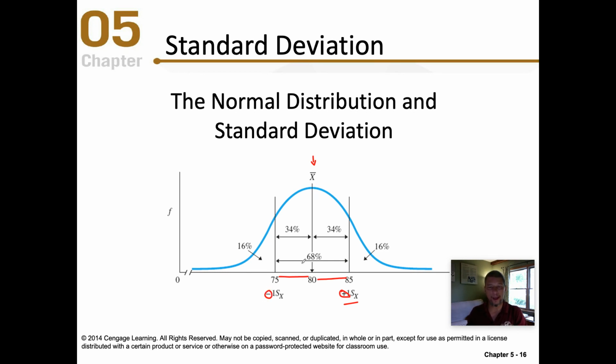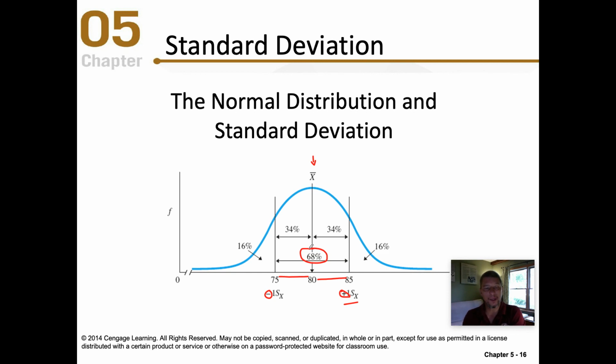This is approximately 34% of the data on the left and 34% on the right. So a grand total of 68% of the data in a normal distribution falls within 1 standard deviation of the mean. This is great because it can be used to predict an awful lot about a population. Again, 68% should be found within 1 standard deviation of the mean value.